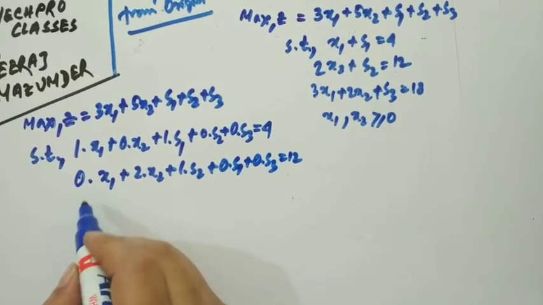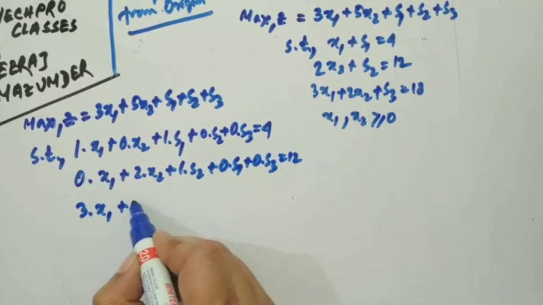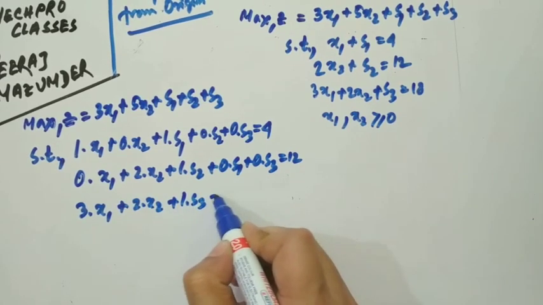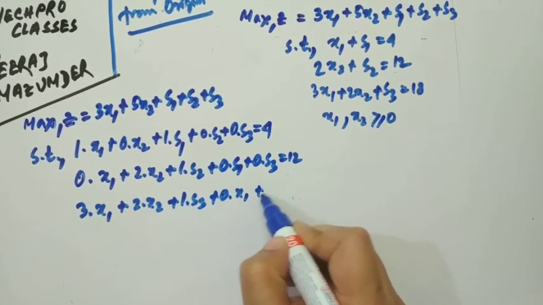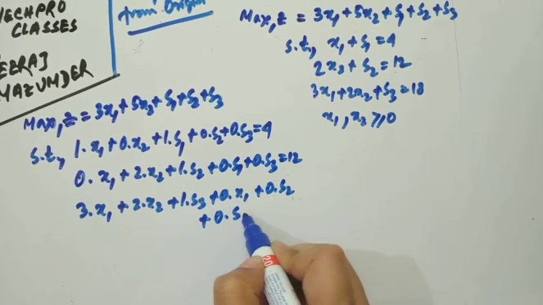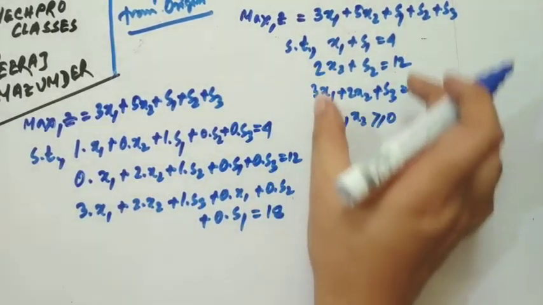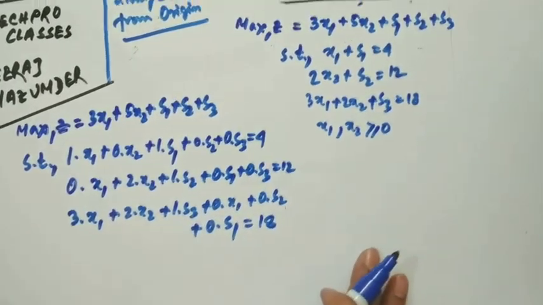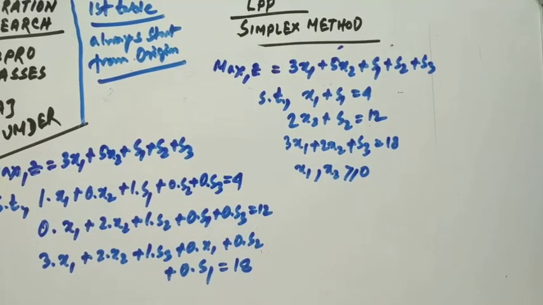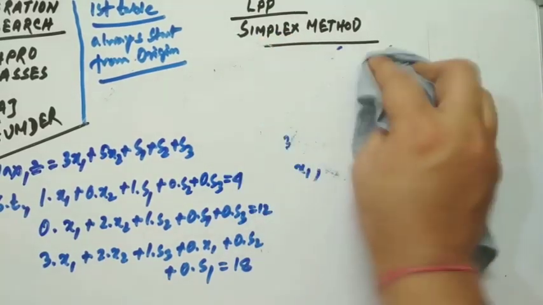Next, the third: 3 into x1 plus 2 into x2 plus 1 into s3 plus 0 into s1 plus 0 into s2 equal to 18. There is no problem writing these constraints in this way. Now this will help you construct the first simplex table very easily.